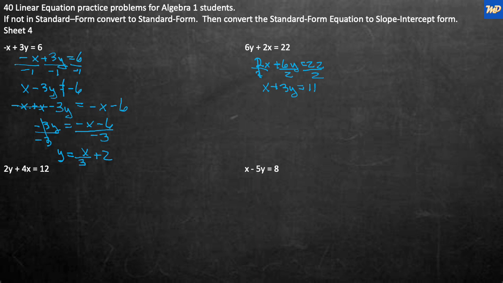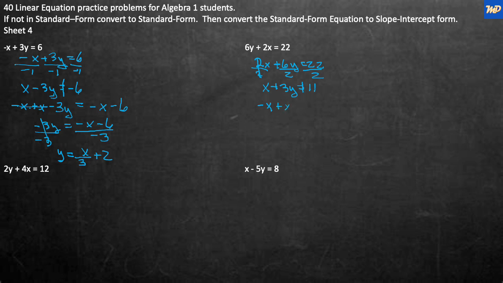Now we're in the form to convert to y-intercept or slope-intercept form. So we have to remove the x because our little line through this equal sign here says everything on the left is y, everything on the right is x and constants. So we're going to say -x. Now we write this whole side of the equation.